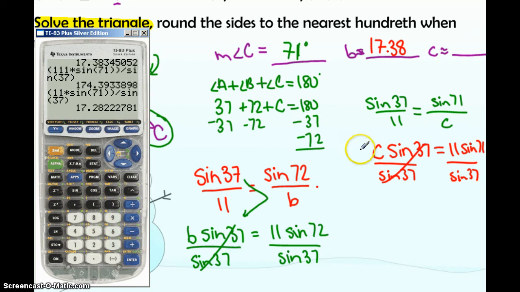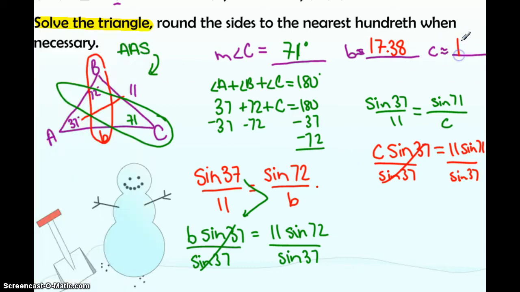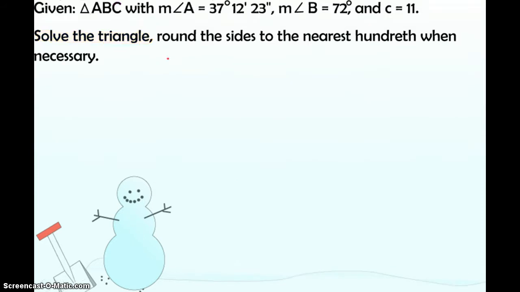There we go, 17.28. And I obviously knew that that was wrong, because 71's got to be close to 72, so these two numbers should be pretty close to each other. So we've solved for the triangle. We're going to take a look at another example.